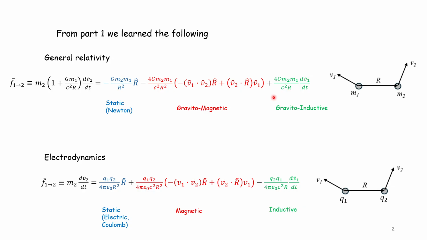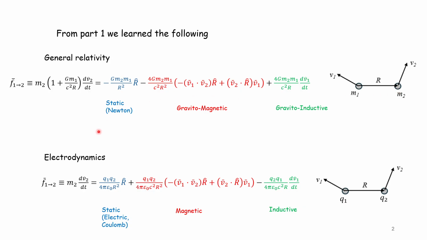We also have an acceleration-dependent term, where the force on number 2 depends only on the acceleration of object number 1, whereas the magnetic force depends also on the velocity of number 2. So the force on number 2 depends on which velocity number 2 possesses.